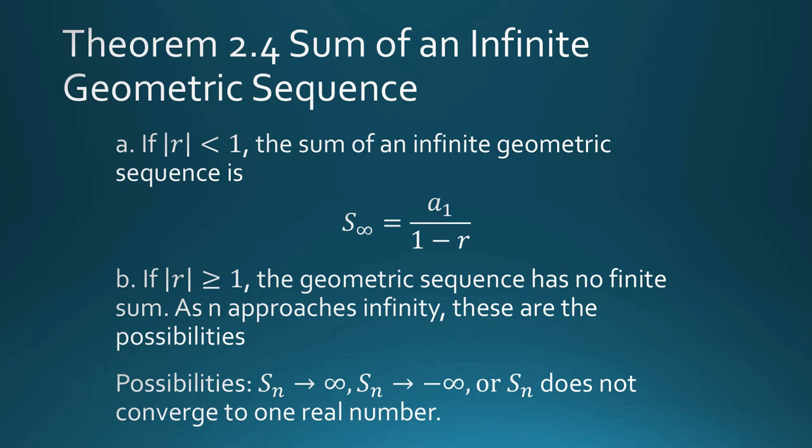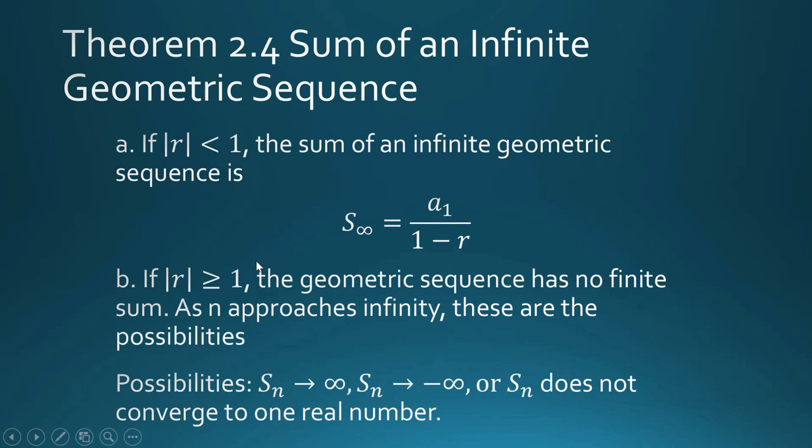So I will end this slide by presenting to you again the theorem, sum of an infinite geometric sequence. We have two cases. The geometric sequence can have a finite sum, which is equal to a sub 1 over 1 minus r, and that happens when the absolute value of the common ratio is less than 1.